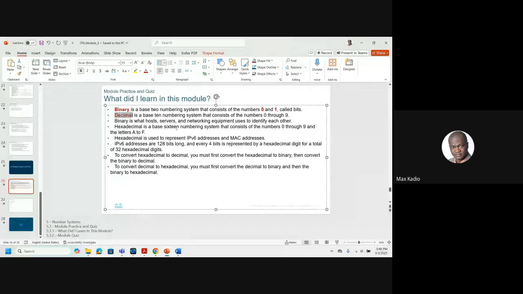So it's 10 numbers. That's why I say decimal. And hexadecimal, we have 16 numbers. So 0 to 9, and after 9 we have A, B, C, D, E, F. So mostly we use the hexadecimal for MAC addresses and IPv6.